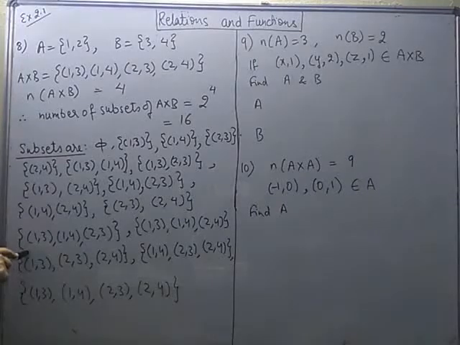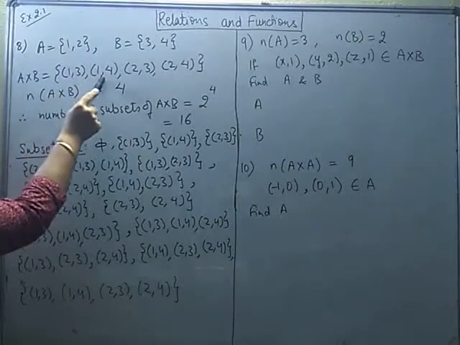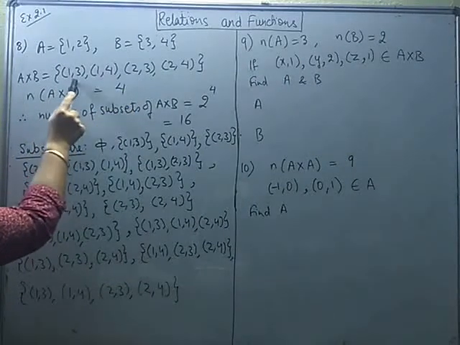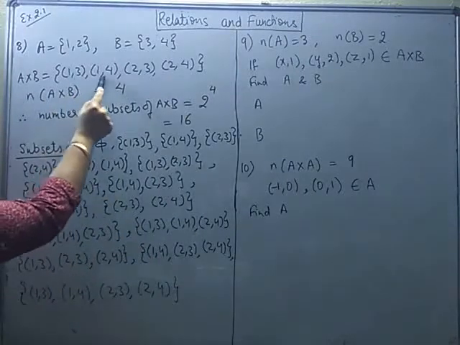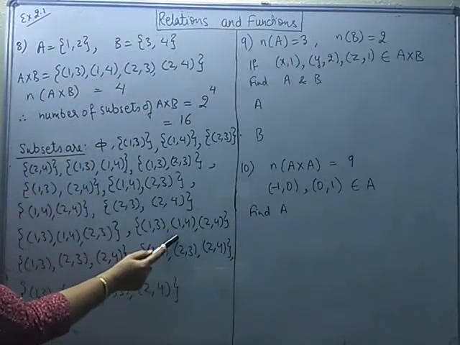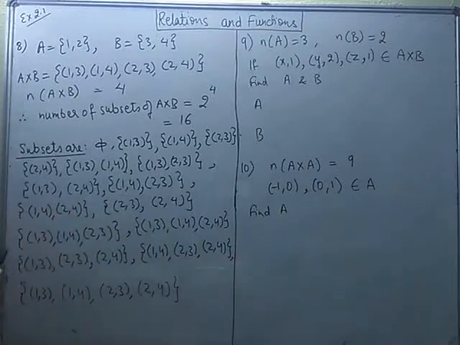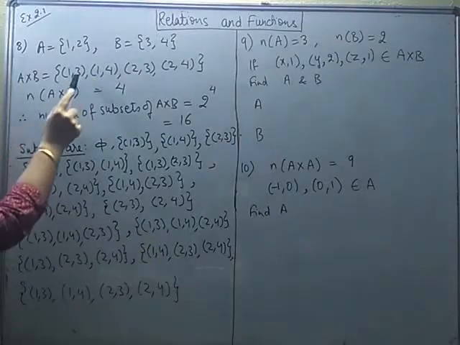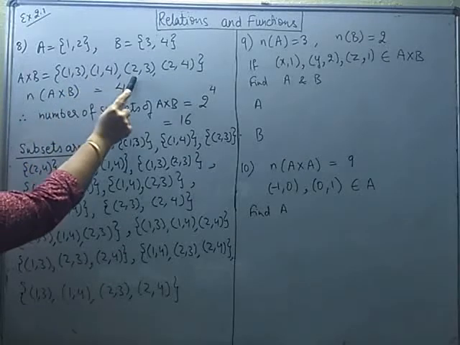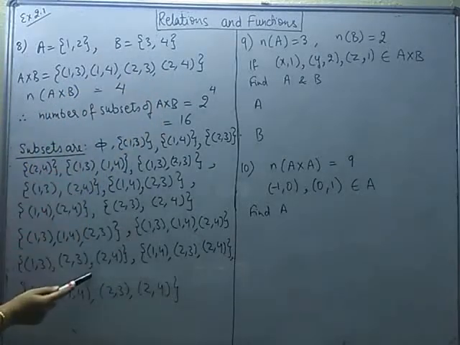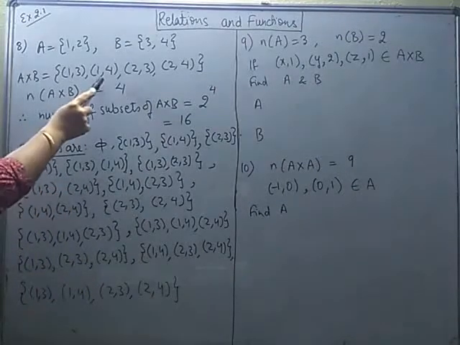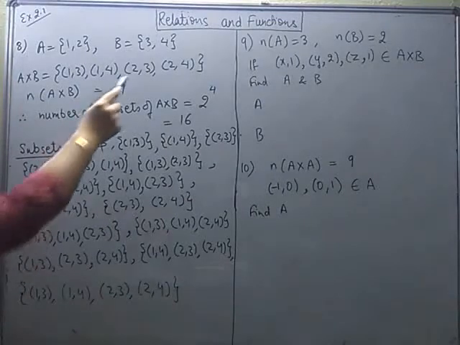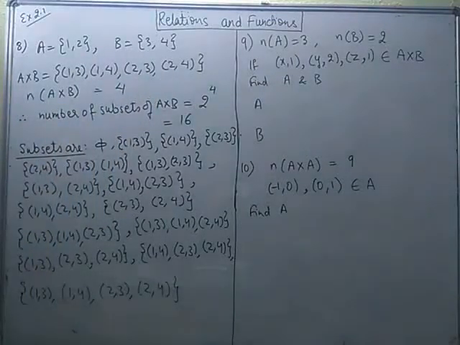Now we will write all the sets with 3 pairs. So the first one can be 1, 3, 1, 4 and 2, 3. So these 2 pairs I have taken with 2, 3. In the next one I will take these 2 pairs with 2, 4. So done with this. Now after that, skip this one. 1, 3, 2, 3 and 2, 4 we can have. And what else is left? 1, 4 can be taken with 2, 3 and 2, 4.